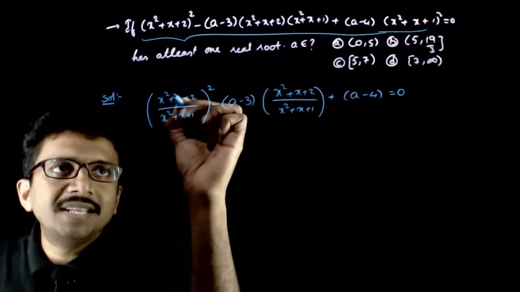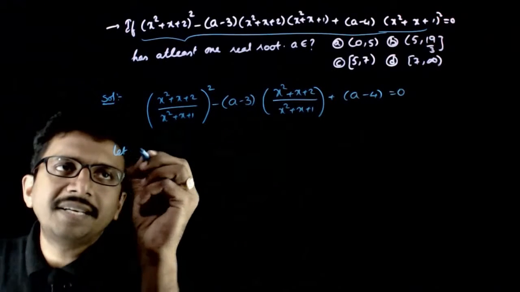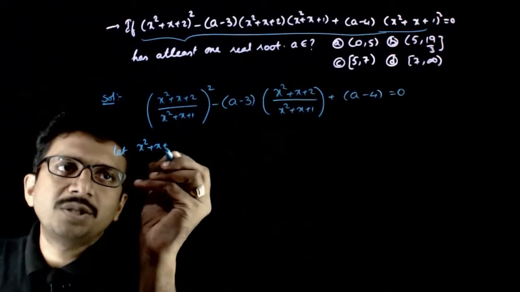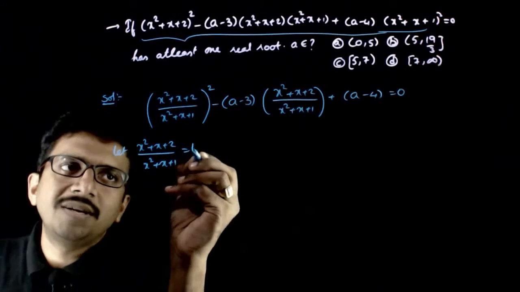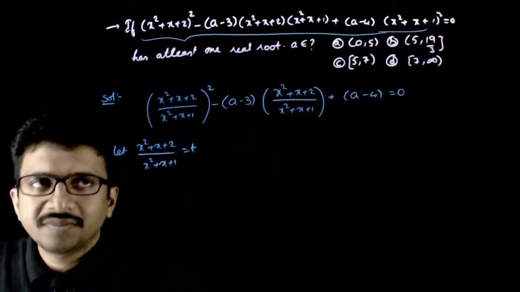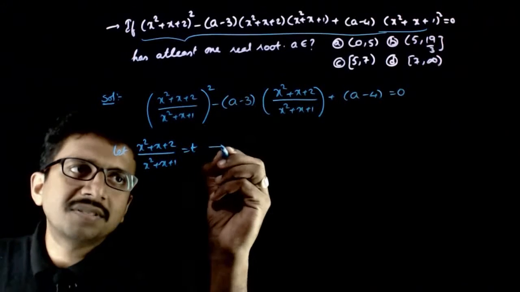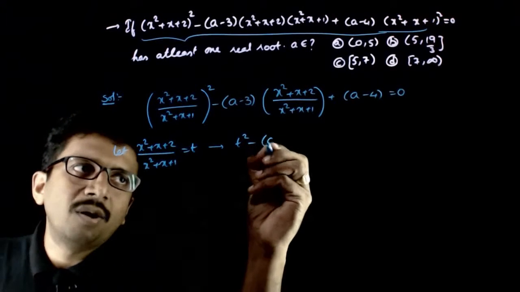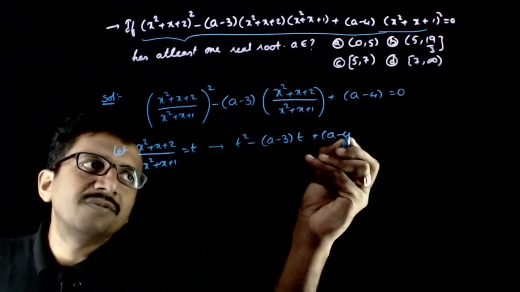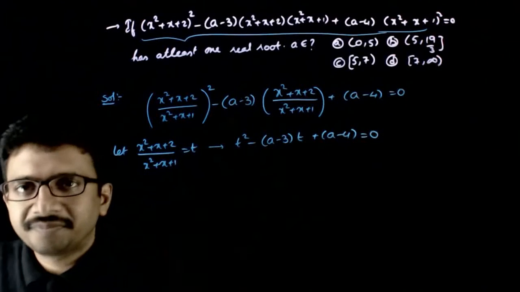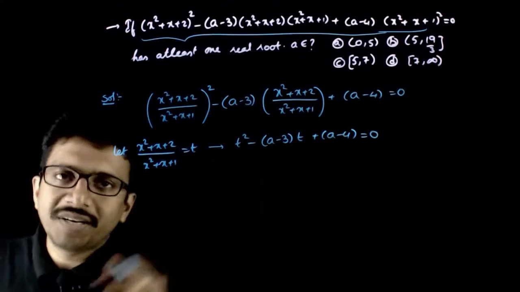Now let us assume (x² + x + 2)/(x² + x + 1) = t. Now this equation becomes t² − (a − 3)t + a − 4 = 0.